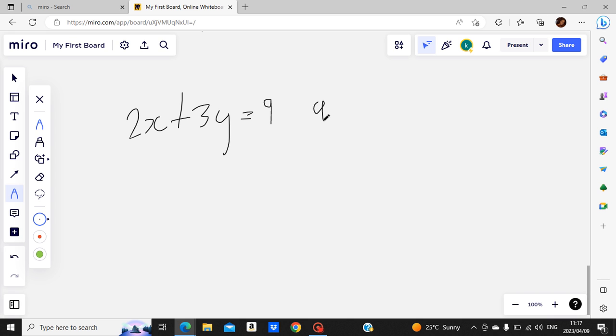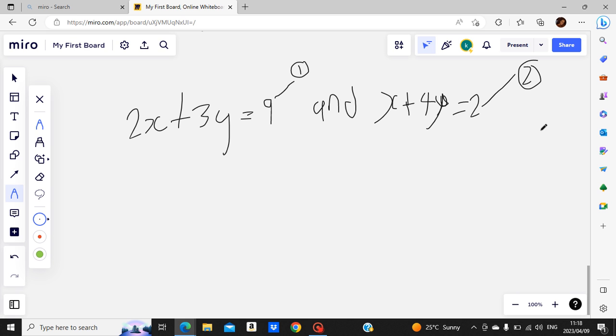So they'll give you 2x plus 3y equals 9 and x plus 4y equals 2. So when you get something like this, the first thing that comes to your mind is you have to make this our equation 1 and make the other one our equation 2. Do you get it?